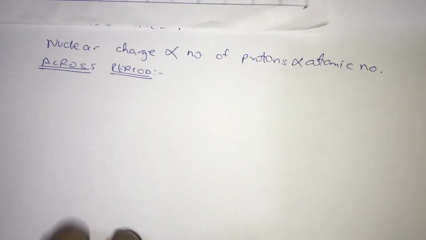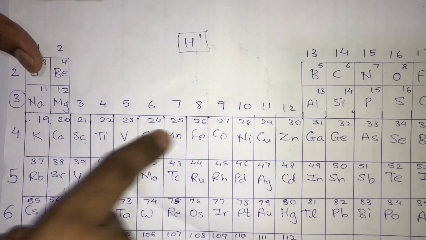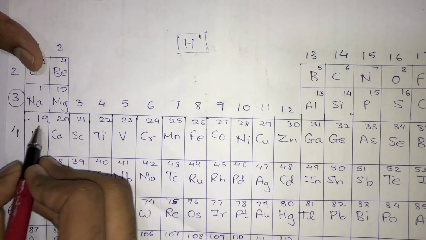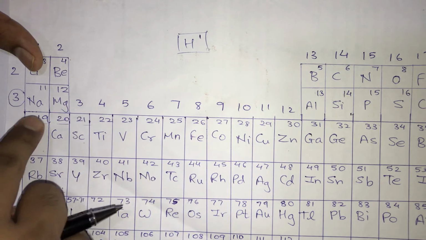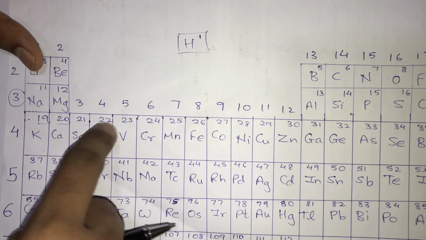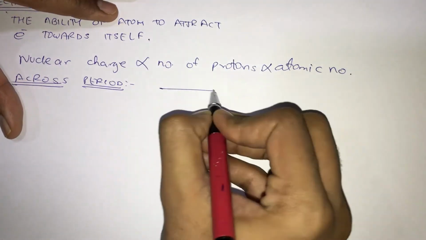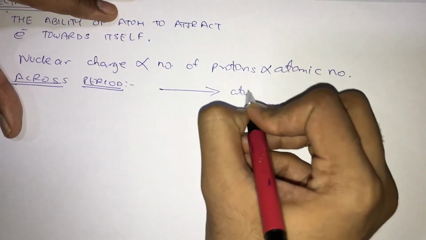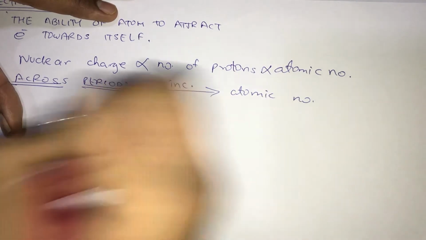Am I right? So can I say over here that when I am moving from left to right, the atomic number is increasing? Can you see over here? It is changing from 19, 20, 21, 22, 23 and so on.